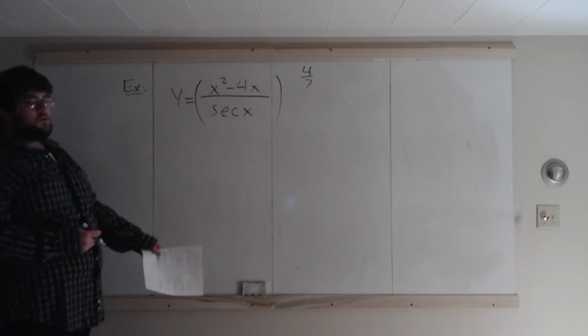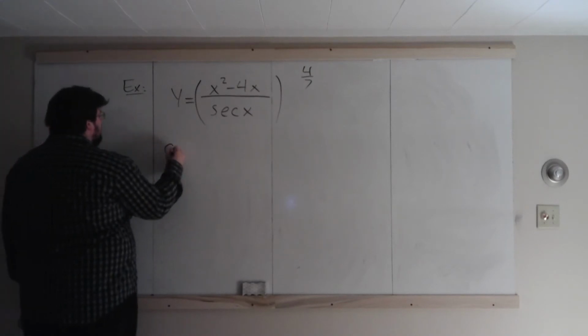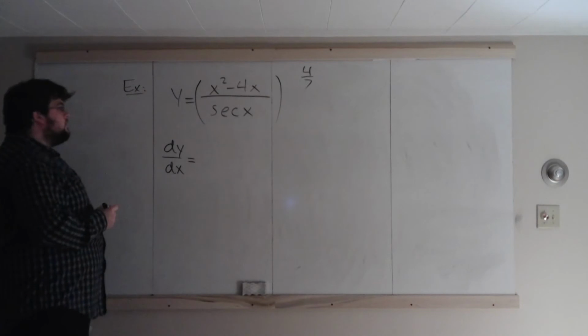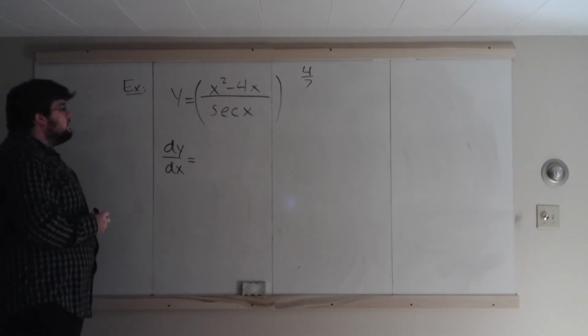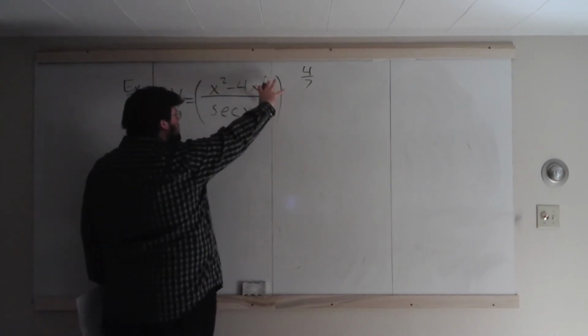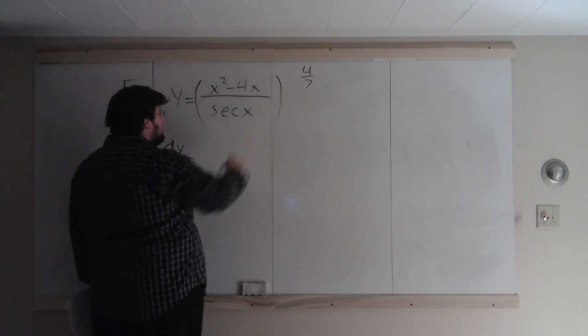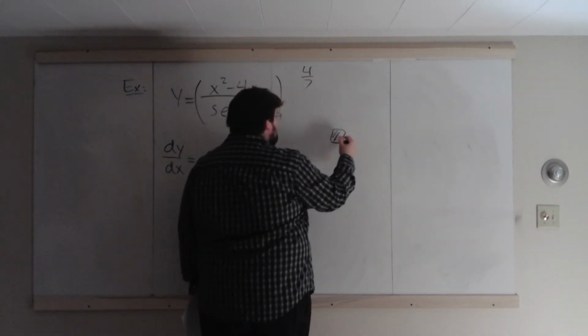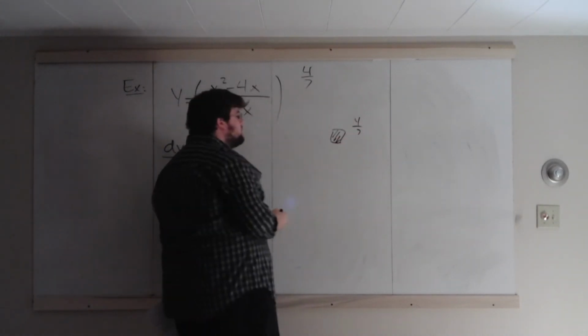Well, this is the same function as before. So we actually did a lot of the work we would need to do for this. So let's do this in one step. This is a function to the 4/7.